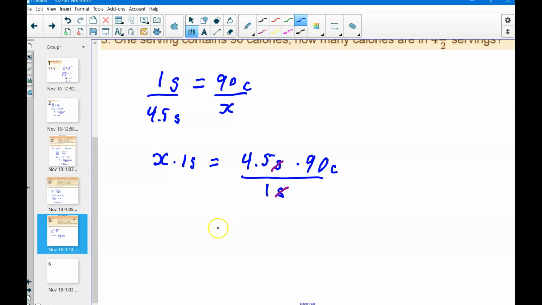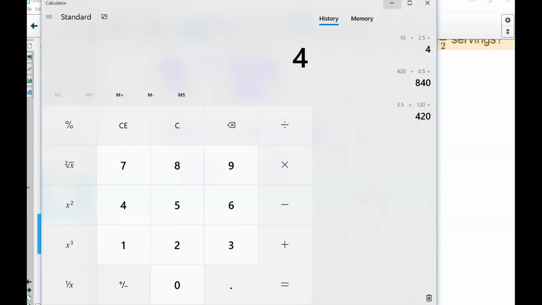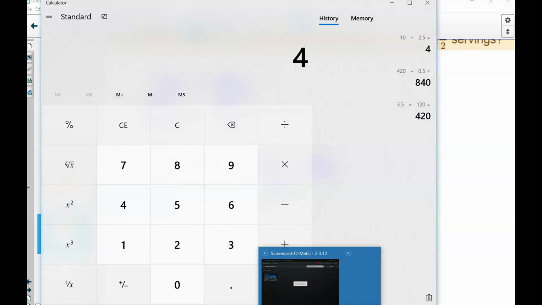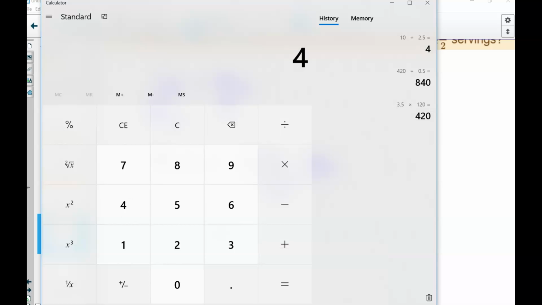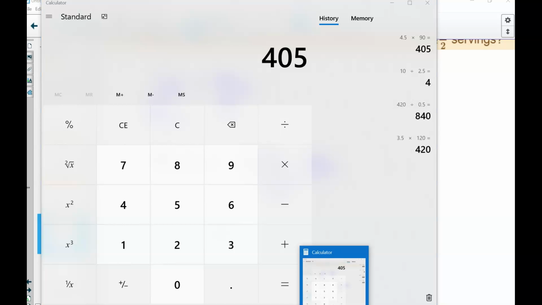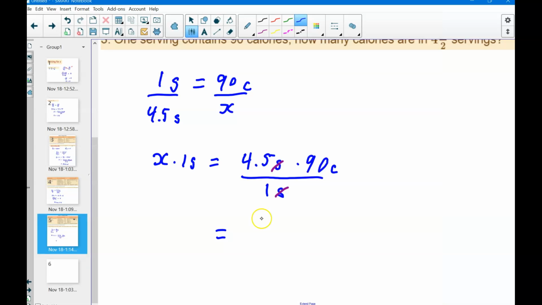So you could have done a shortcut and just multiplied 4.5 times 90, but we want to do it the long way because we're stubborn. 4.5 times 90 equals 405. 405 calories.